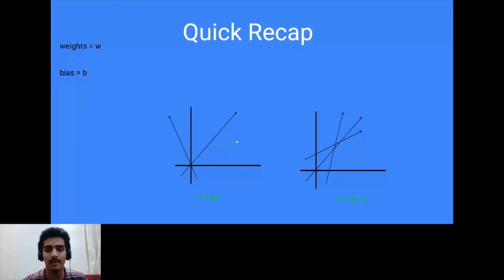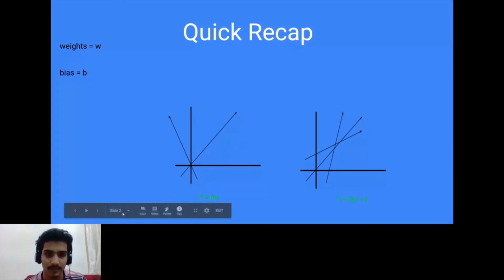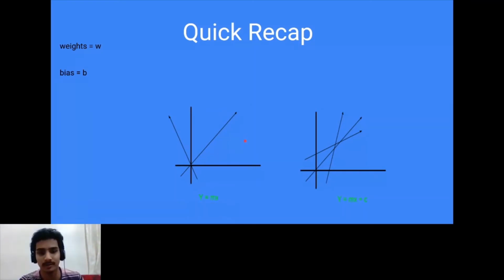Suppose we have some data represented by some x and y, and our point is somewhere here, and that's what we are expecting. If we remove the bias, then this is the line, this will be the prediction our neural network makes, and here we have the actual point. So our neural network is just predicting the wrong output. That is basically the significance of biases.